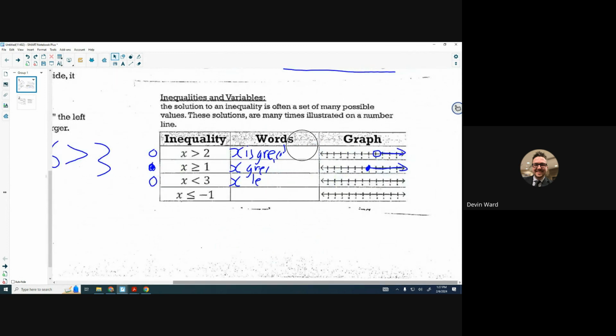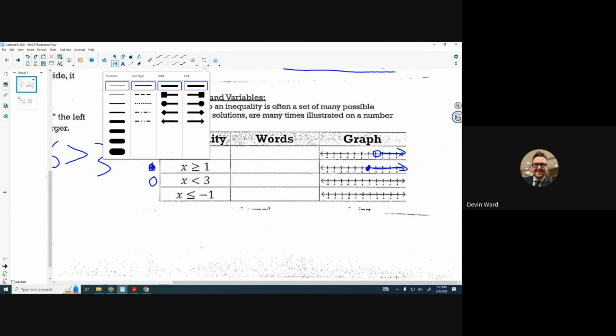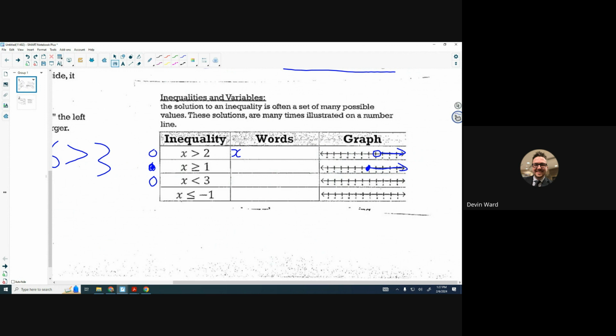I'll rewrite this for you guys here. X greater than 2.